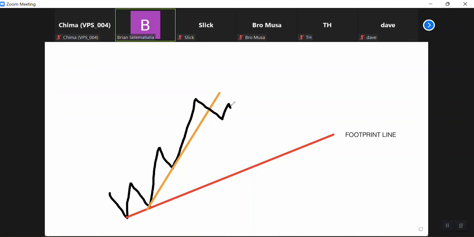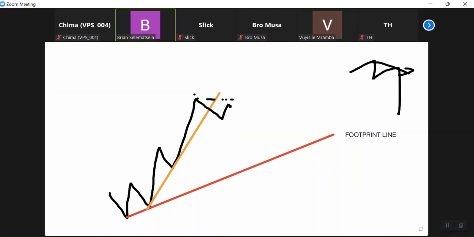And wait for a pullback. The pullback must not be higher than the previous point. Why? Because when the market goes down, we want to be able to draw what? Footprint.